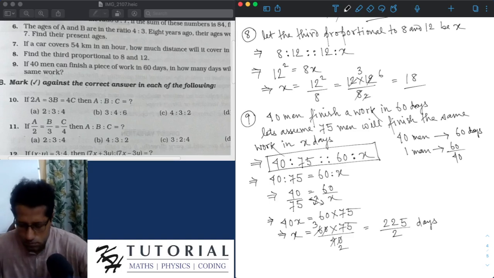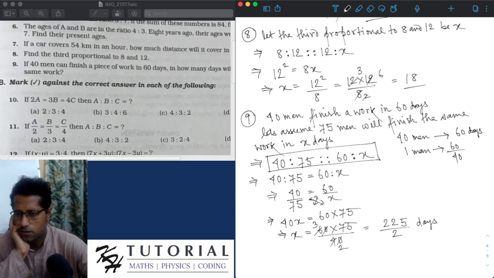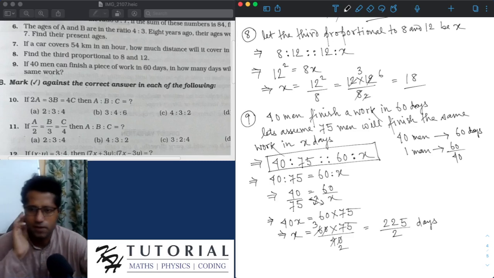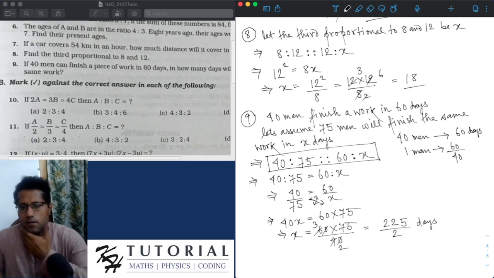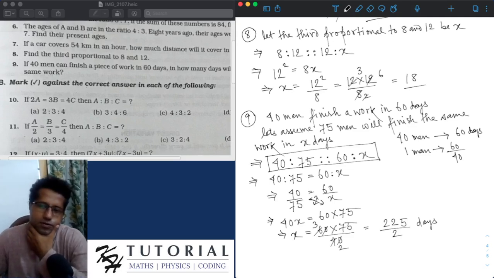So the concept is that the ratio will be inverse. I mean, 40 men do the work in 60 days, so one man will not do the work in 60 by 40 days. That is wrong. It will take more days.